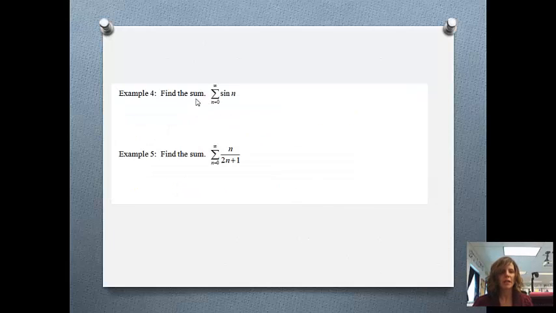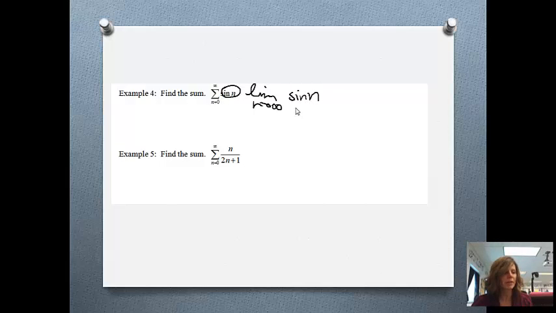All right, so let's try some examples. Let's find the sum of the series sine of n, which means we'd plug in sine of 0, then sine of 1 and sine of 2, and we'd be adding those terms together. The nth term test is saying to find the limit as n approaches infinity of the actual sequence representing the series, the sine of n.